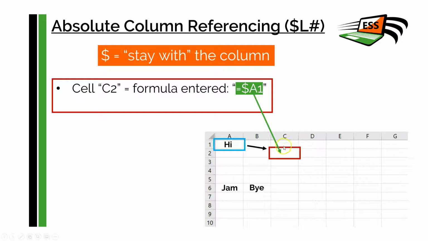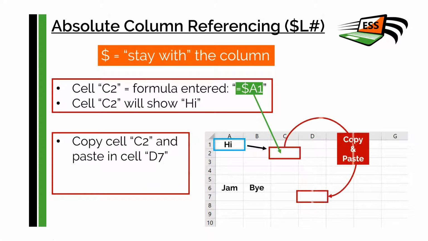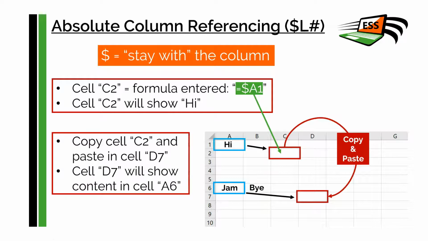Same case, we'll have "hi" going to C2, but when I copy that C2 to D7 as I did before, this time we will have a different case. It will not be taking the word "bye", but it will be taking the word "jam", because now we are not in B6, we are in A6. The rule said stay with column A, but move your relativity of the row number.